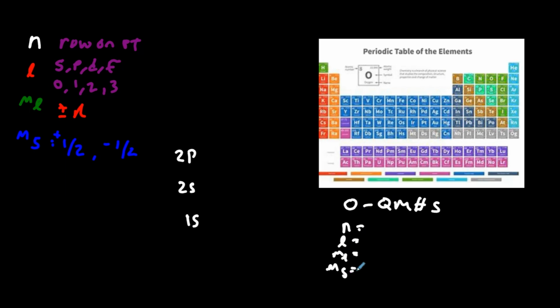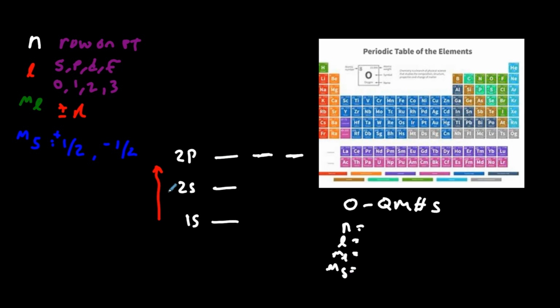The 1s orbital, as we've discussed, the s orbital only has 1 orbital, so we'll have 1. Same thing with the 2s, but the 2p orbital will have 3 different orbitals for 6 total electrons. So 1, 2, and 3.